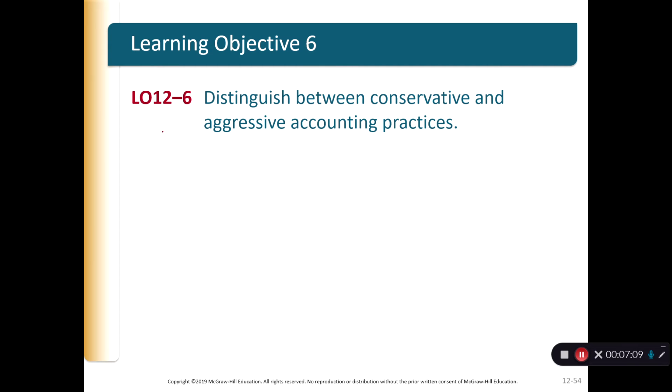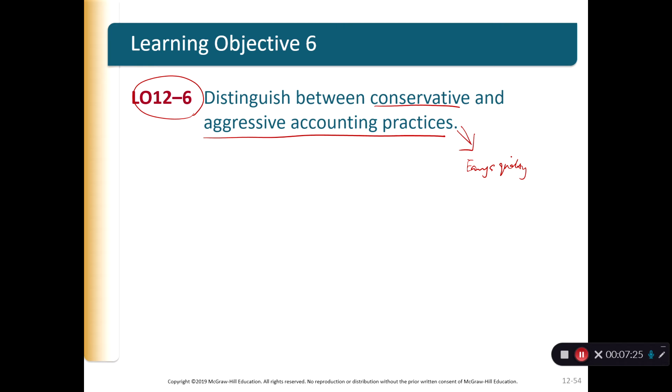Okay, so this is what I consider the most interesting learning objective of this chapter, which is to distinguish conservative and aggressive accounting practice, and then we will introduce the concept of earnings quality.